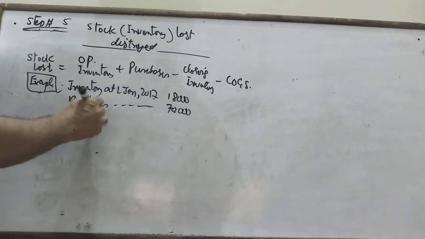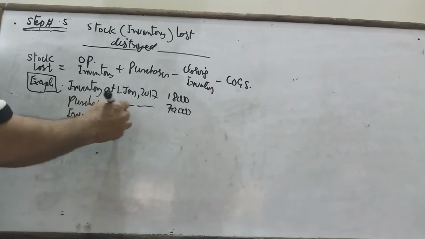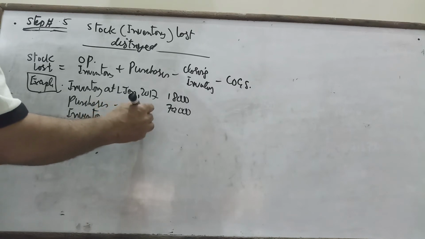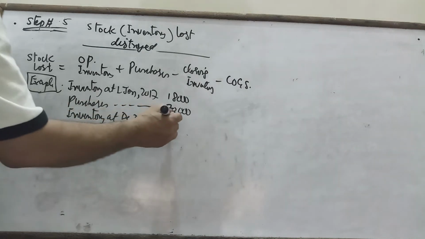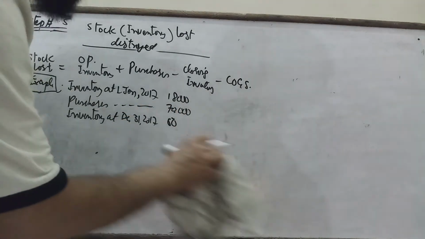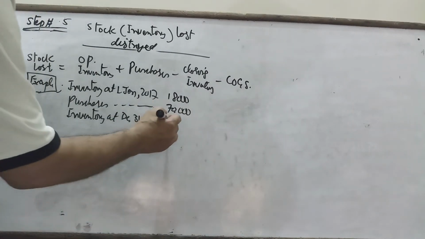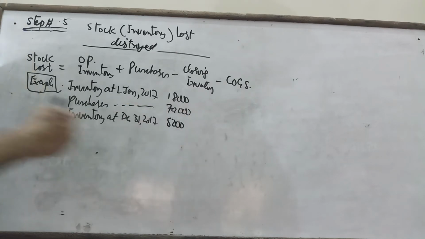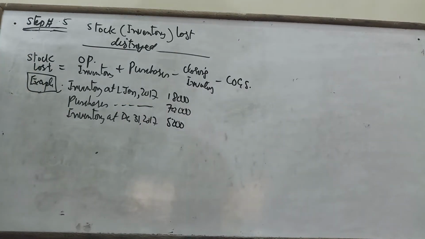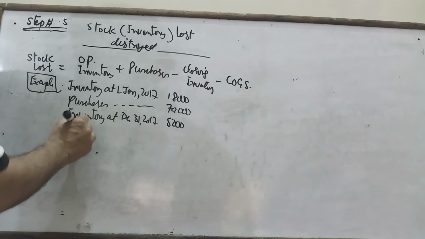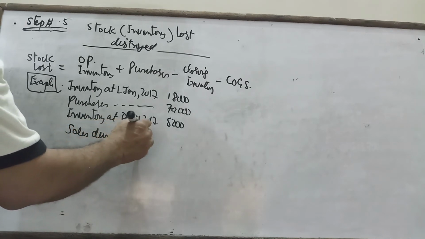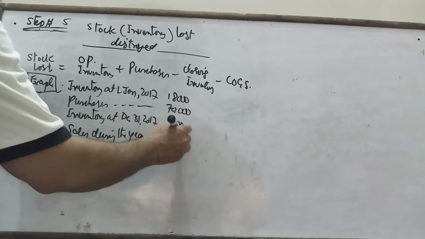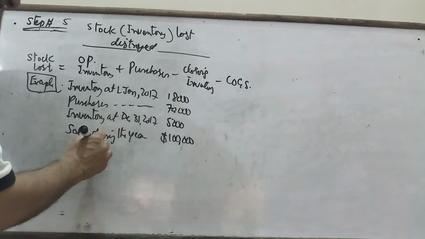Inventory at December 31st 2017, which is called closing inventory, is $5,000. Inventory closing is $5,000, right? And sales during the year, $100,000. Sales is also known as revenue.